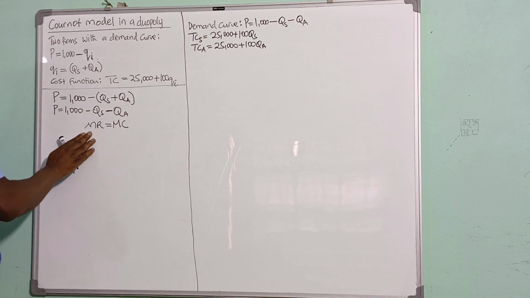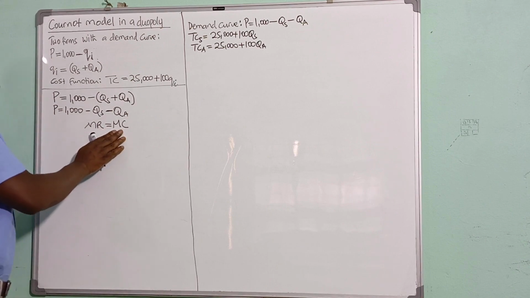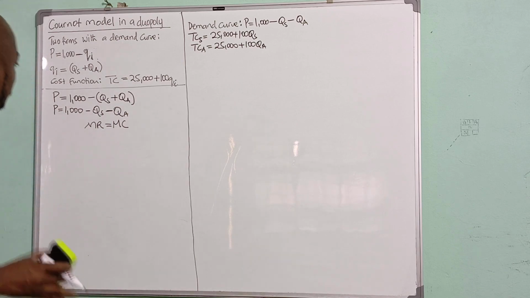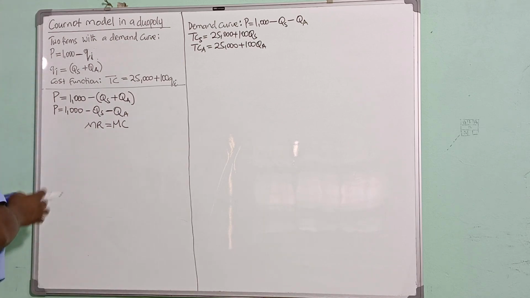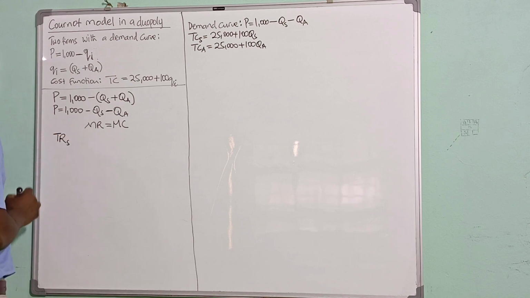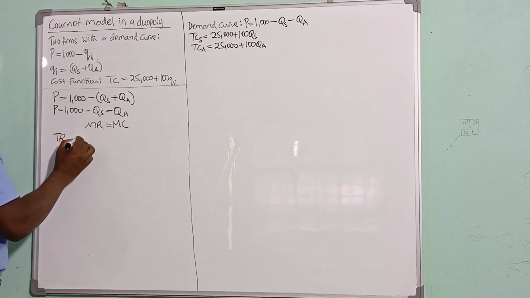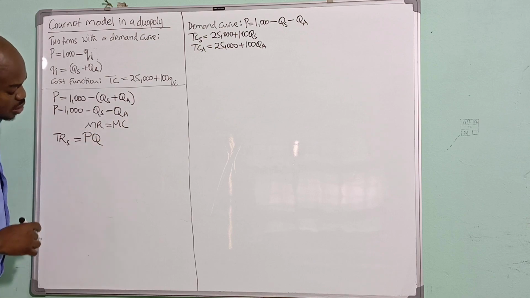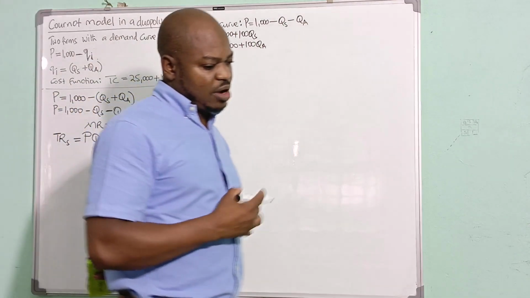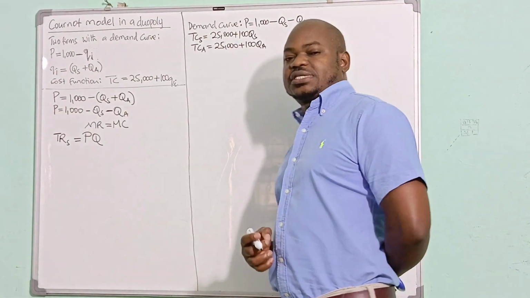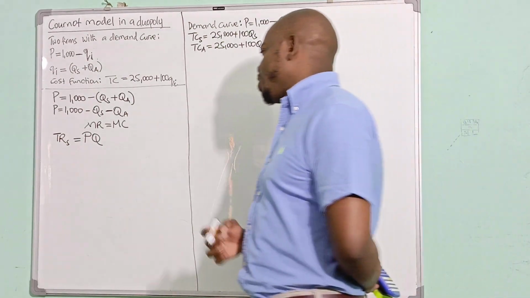For me to find marginal revenue, I need to find the total revenue of firm S. Total revenue is calculated by multiplying the price by the quantity, the number of units we are selling multiplied by the price for those units.